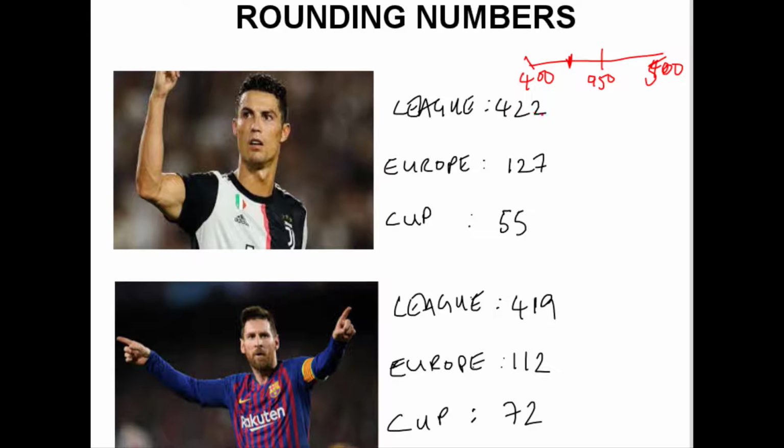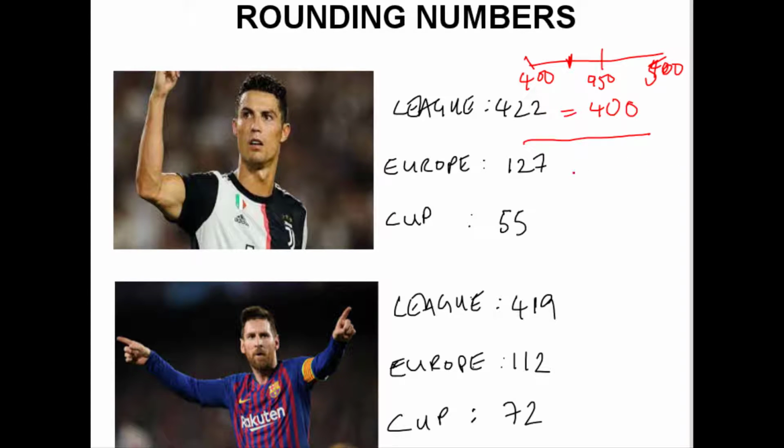So to round up 422 to the closest hundreds is 400. So if you want to just talk about Ronaldo's league goals, you can just say he scored about 400 goals. So that's one of the reasons why I would round up, rather than say he's done 422 if you don't know the exact figures.